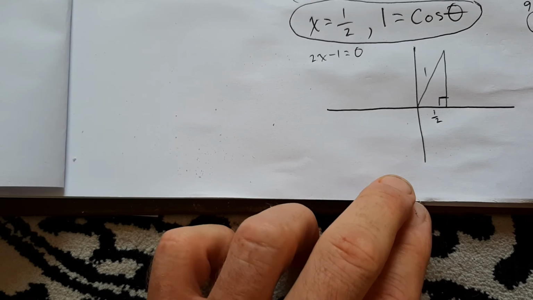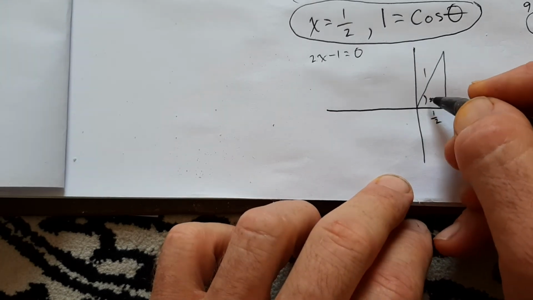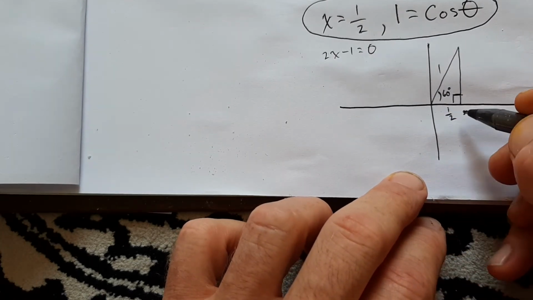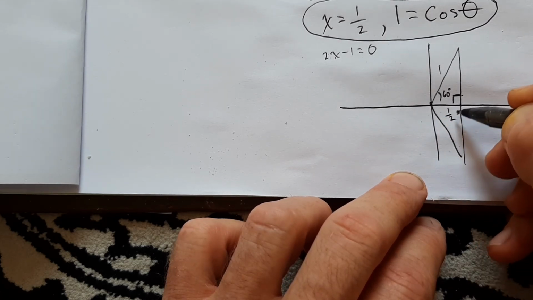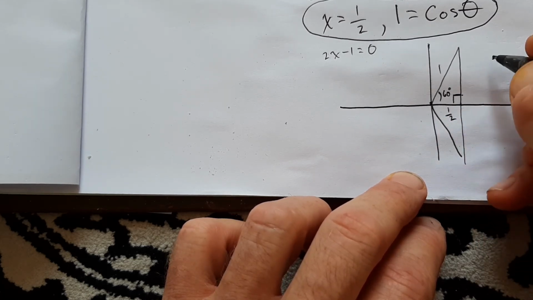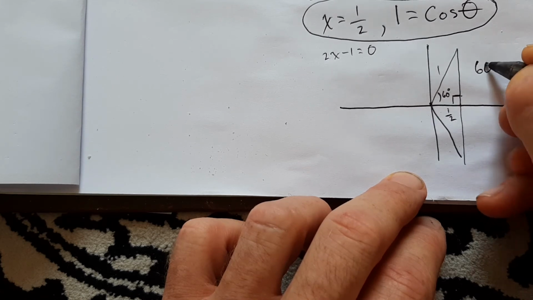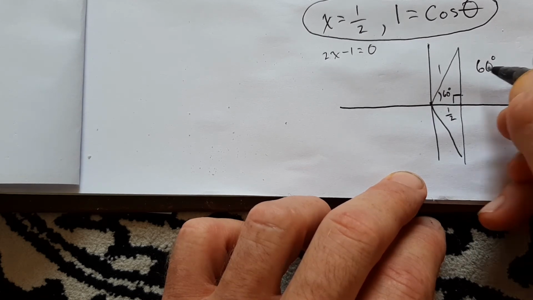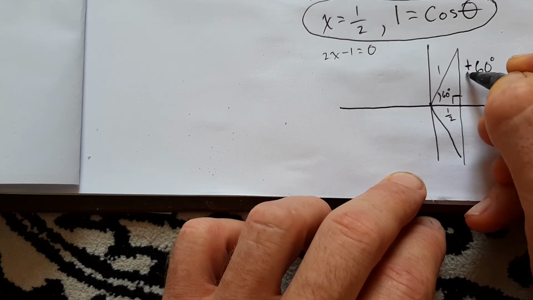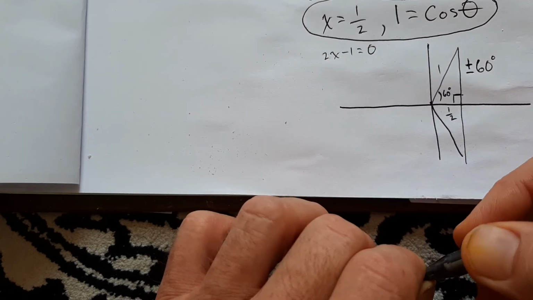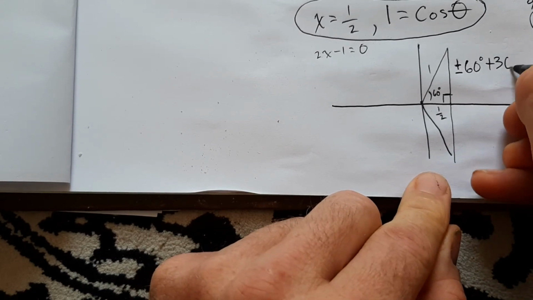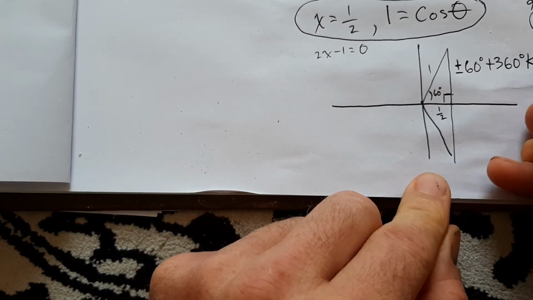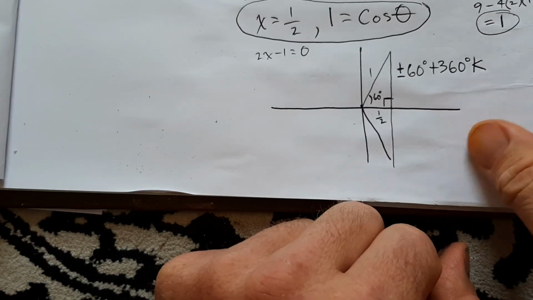It focuses on that instead. So this is going to be 60 degrees. Also this one down here, right? Positive x. So I'm going to have 60 degrees, positive or minus 60 degrees plus 360 degrees times k. That's one of those angles.